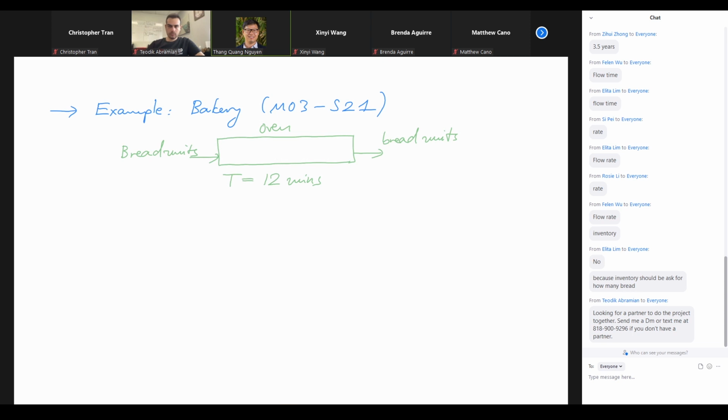If you want to ask me, please say it. All right. But because my second device is still working, let me work on this first. So the flow time is 12 minutes, and they give us the flow rate, right? Remember, the flow rate is a constant flow rate. So we talk about 4,200 units per hour.